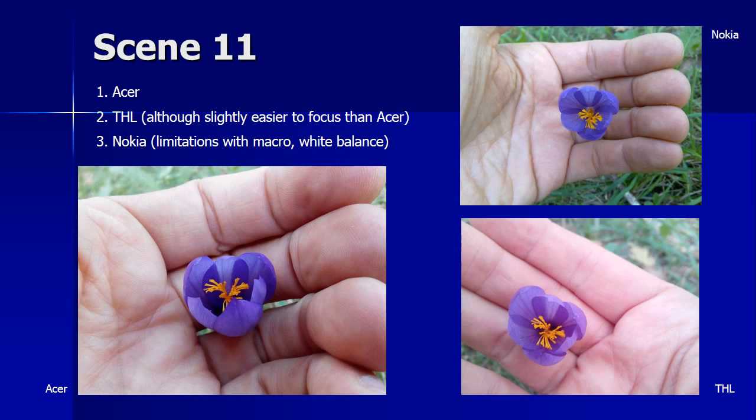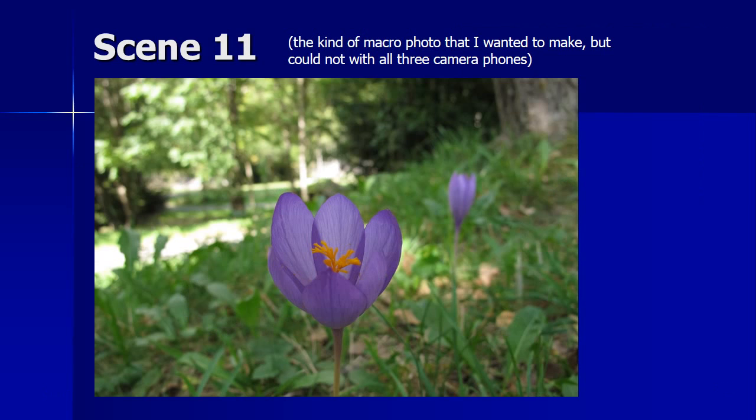Okay, this is a little bit tricky one. I think taking macro photos with all three cameras was very difficult actually, and I'll show you why. What I wanted to do was make this shot. This is a style of photo that I like. You have the subject in the foreground, and then you have nice bokeh in the background, and for that you need to be able to focus quite well.